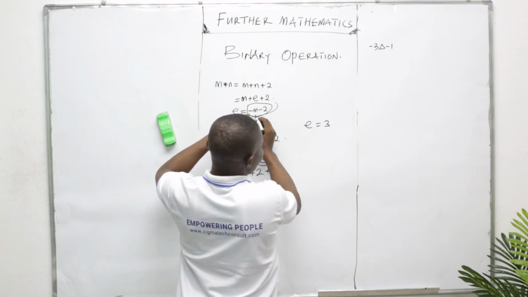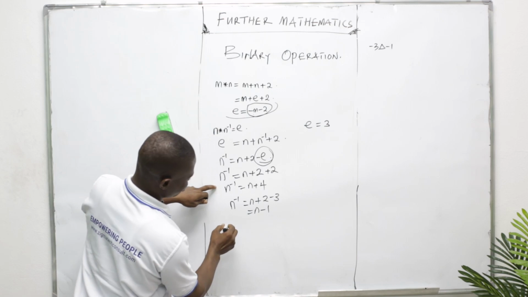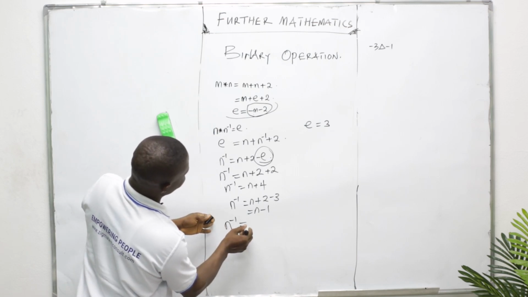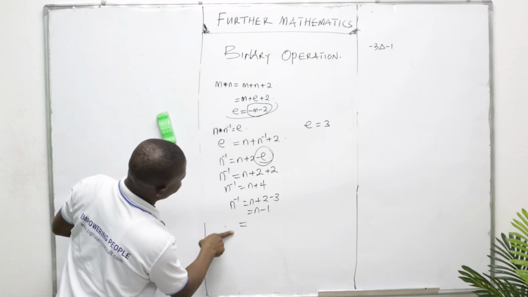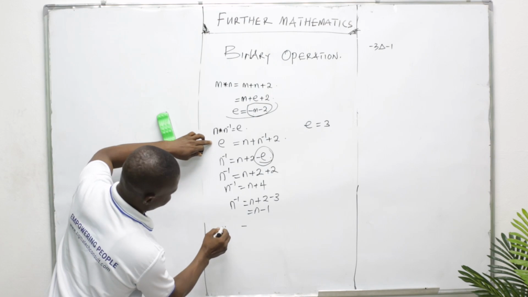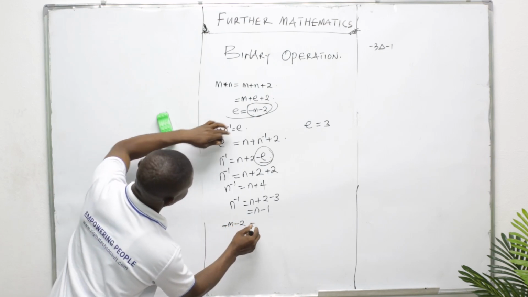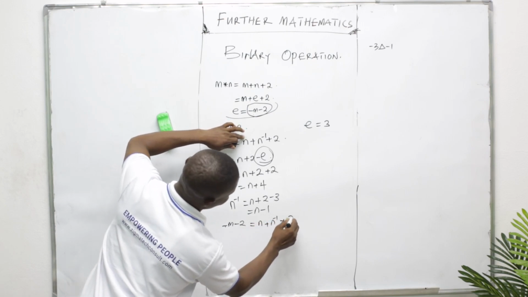What we have here is minus M minus N. Meaning when we substitute, we are going to have the inverse here equals the identity element, which is minus M minus 2, equals the formula here, N plus the inverse plus 2.